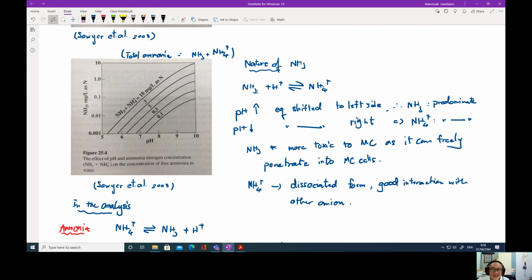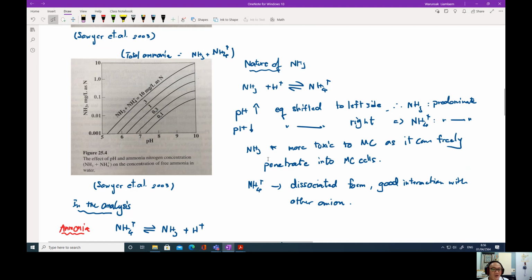Because it's unbalanced and this one gets small, the equilibrium will shift to the left side. That is why more ammonia is expressed in terms of NH3, or we can say that NH3 is predominant if the pH is higher.